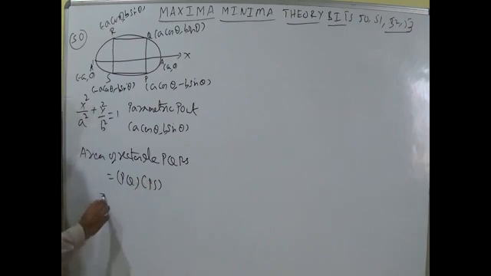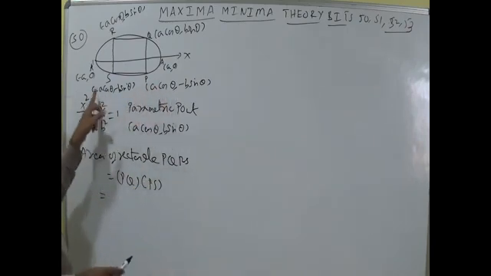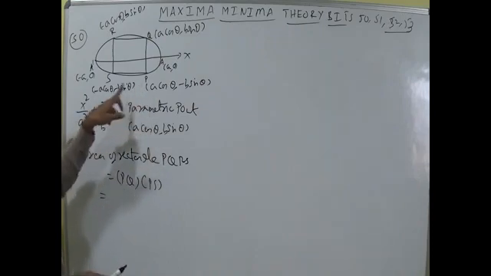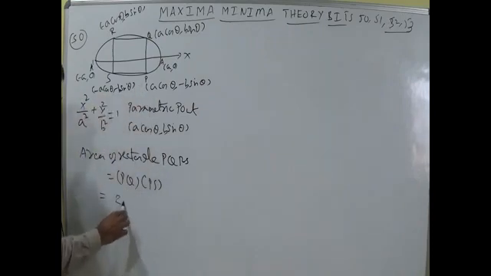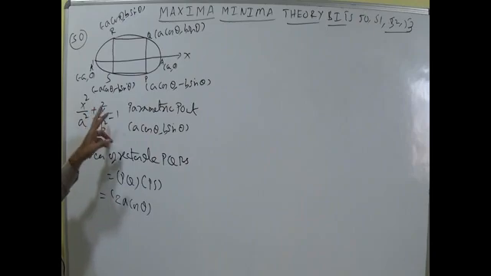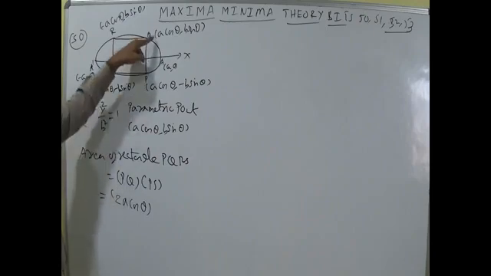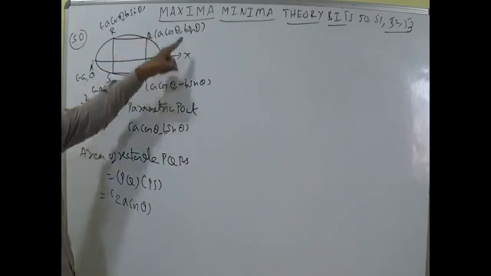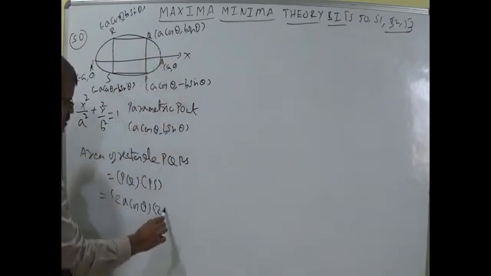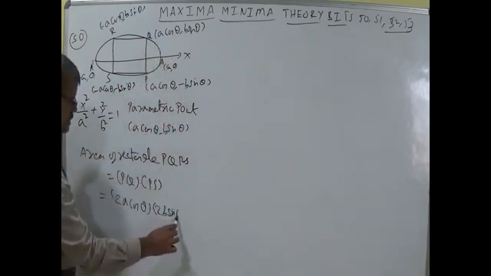PS is a cos theta minus of minus a cos theta, so a cos theta plus a cos theta, which is 2a cos theta. Here b sin theta minus b sin theta becomes 0. For the other side, b sin theta plus b sin theta is 2b sin theta.